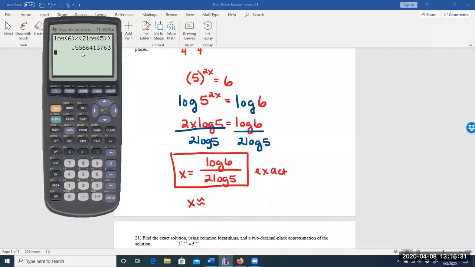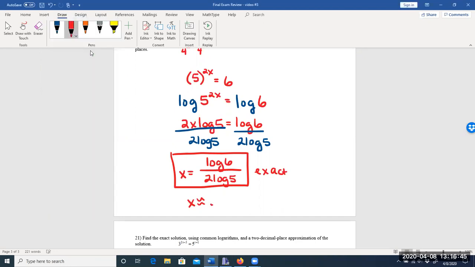But if you don't put the 2 log of 5 in parentheses, it's going to divide by 2, but then multiply times the log of 5, which is not what we want. So the correct approximation is 0.56.